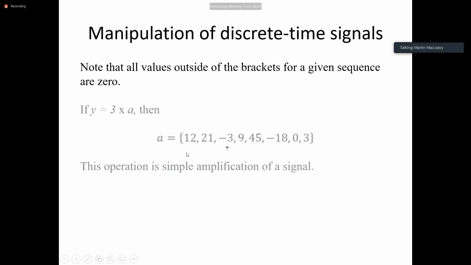So we expect to see 12, 21, minus 3, 9, 45, and so on. So this is a straight multiplication.